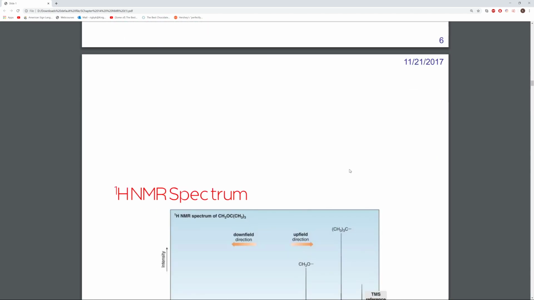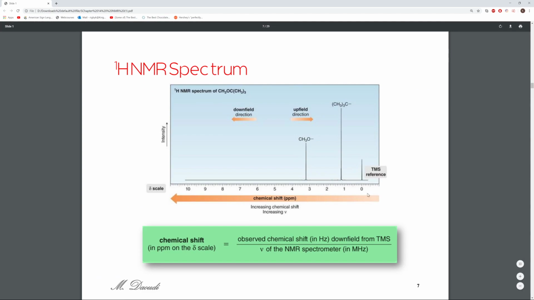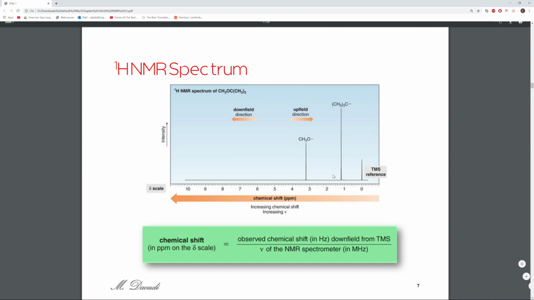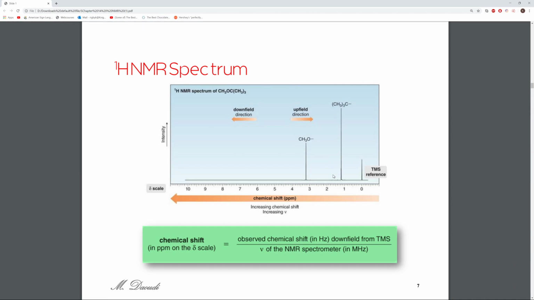Just worry about how it looks on the graph. Like we're looking at 10, 9, 8, 7, 6. We're not too worried about ppm because that's sort of just an arbitrary unit that we use, like we use meters or seconds. Right here, we're going to use ppm.